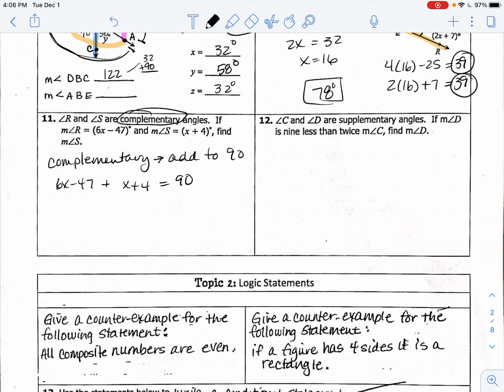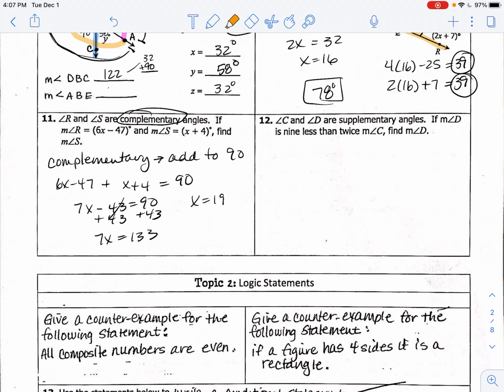So let's just go ahead and add these together. So that's going to give me 7x minus 47 plus 4, which is minus 43. I'm going to add 43 to both sides. So 90 plus 43 is 133. If I divide both sides by 7, that gives me x is 19.